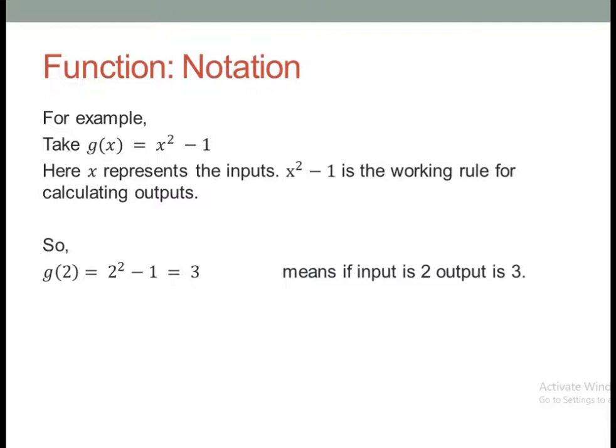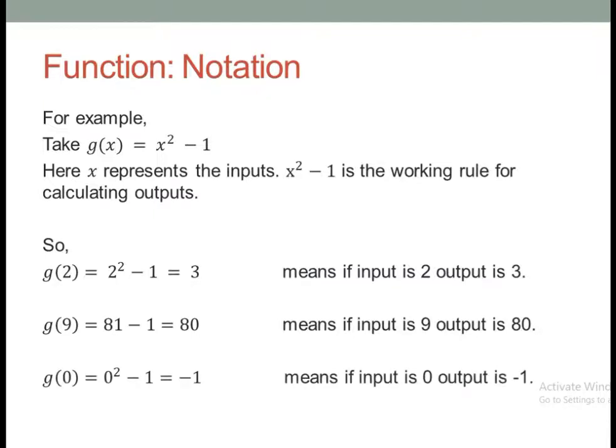Here we replaced x by 2, which means if input is 2, output is 3. g(9) = 81 − 1 = 80, which means if input is 9, then output is 80. g(0) = 0² − 1 = −1, which means if 0 is the input, then output is −1.